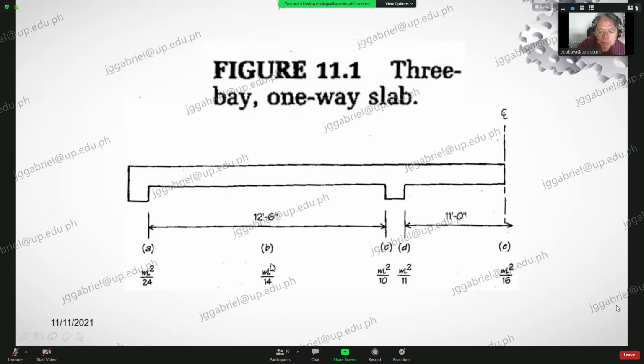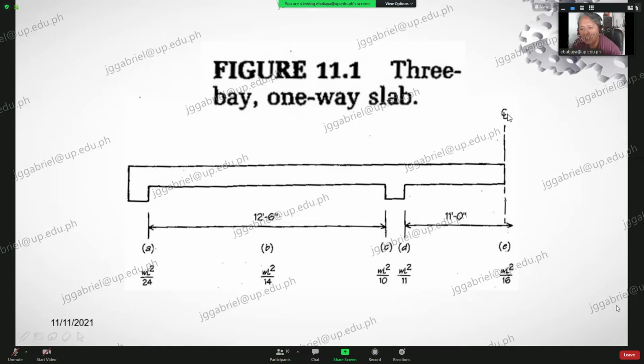Moment at midspan is WL squared over 14. And then near this support would be WL squared over 10. At this point, it's WL squared over 11. And at midspan of this second bay or the middle bay, it's WL squared over 16.